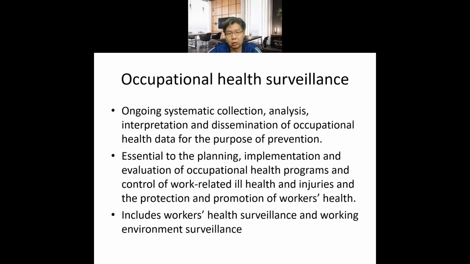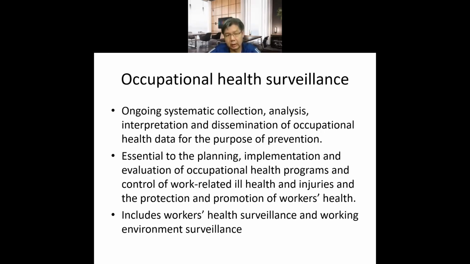In terms of occupational health, we also have our surveillance. It is basically the same definition: ongoing, systematic collection, analysis, interpretation, and dissemination of occupational health data. This is very important.